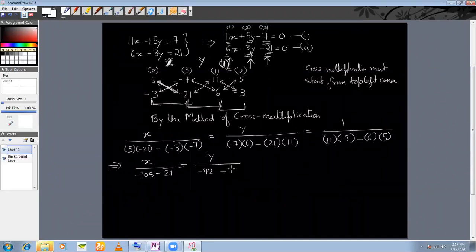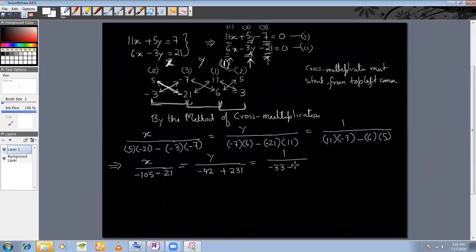Oh, I've skipped minus 21. I think there was a minus sign here. So this should be minus 21. So minus and minus combine to become plus 231, is equal to 1 by 11 into minus 3 is minus 33, minus 30. This is what I get.